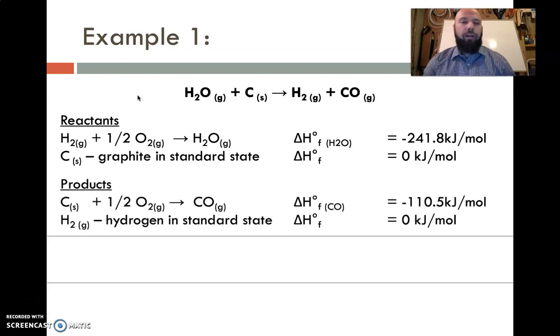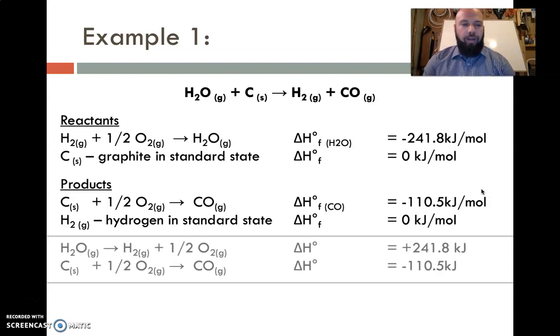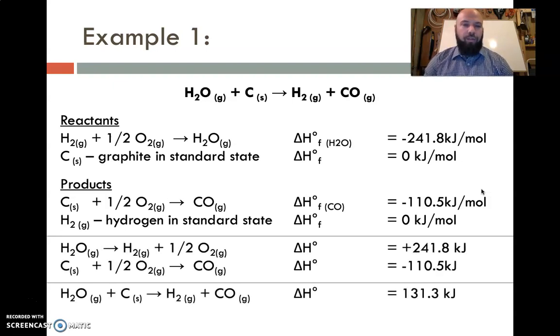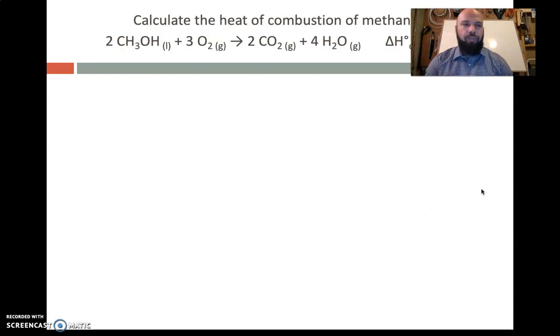The products here, the carbon monoxide, since that is a compound, you can look this up and you get this value from the table being negative 110.5 kilojoules per mole, and hydrogen being diatomic hydrogen is in its standard state at SATP, so again it is 0. Total those values together and you get that the total enthalpy of the reaction is 131.3 kilojoules.